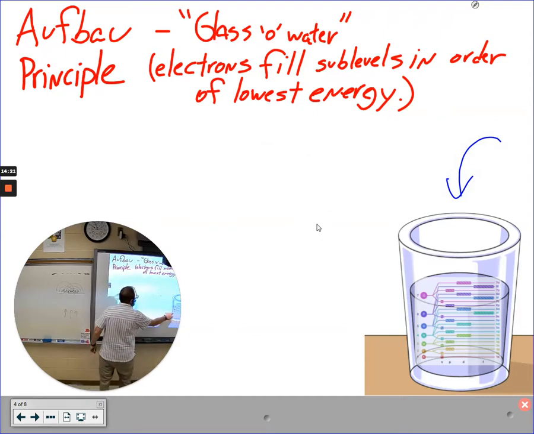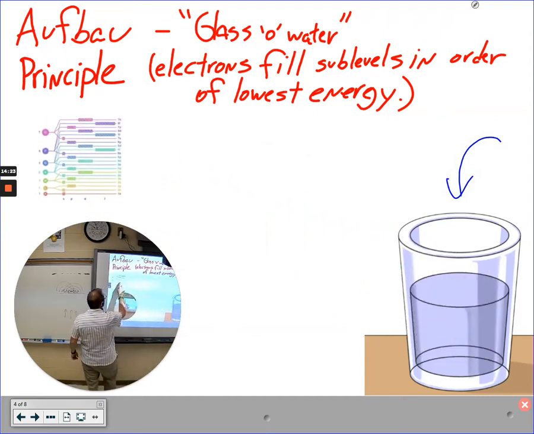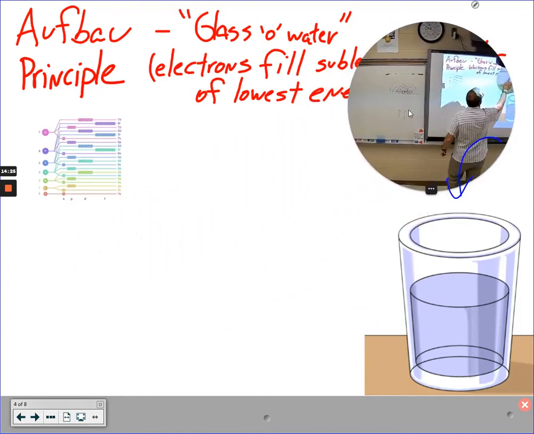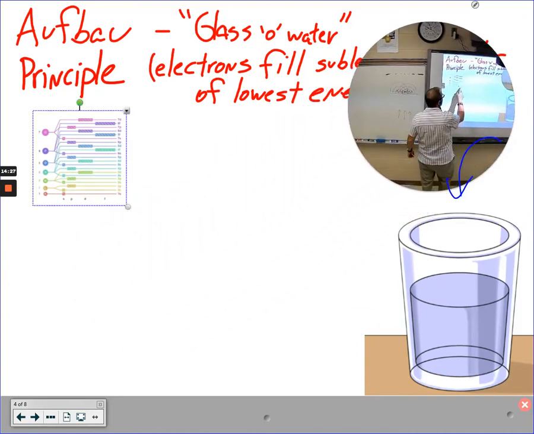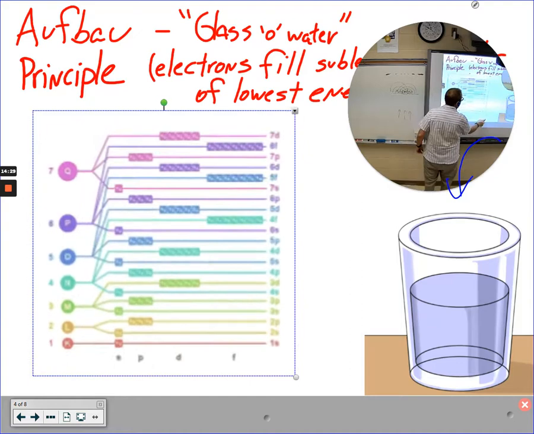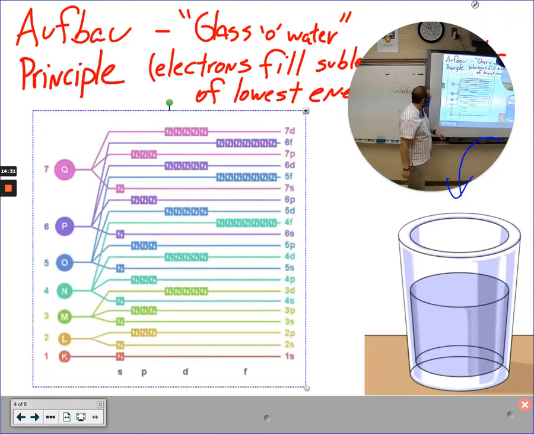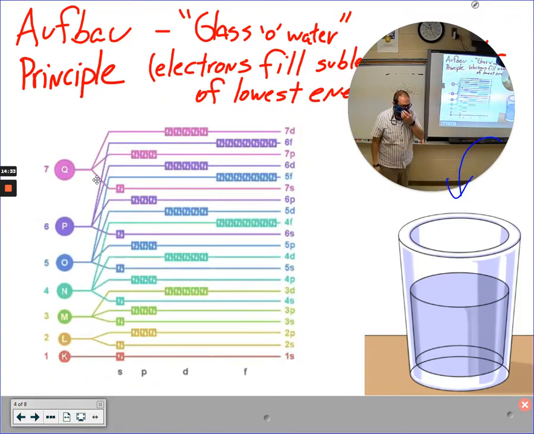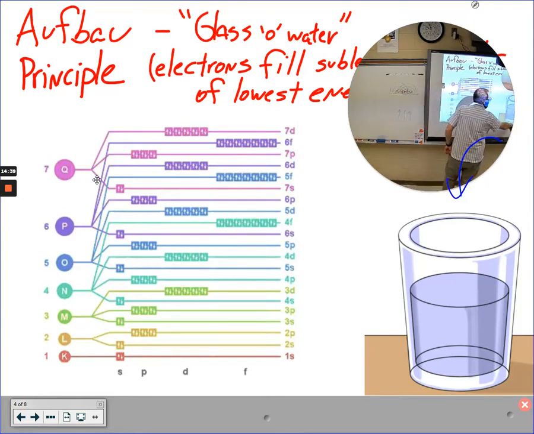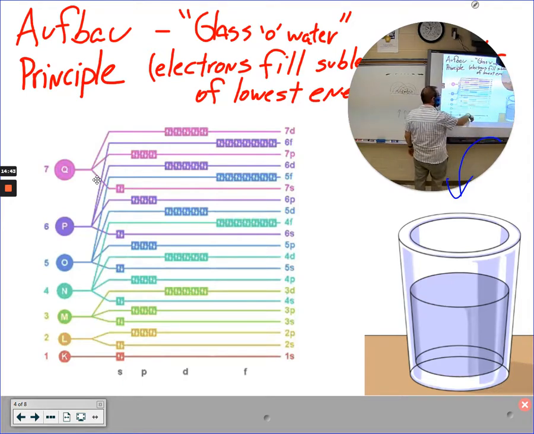Instead of a glass of water, what we've got is a series of three-dimensional regions called energy levels. Okay? Now, if you imagine that instead of down here, underneath the glass of water, you've got Earth, what we've got down here underneath these energy levels is the nucleus of the atom.